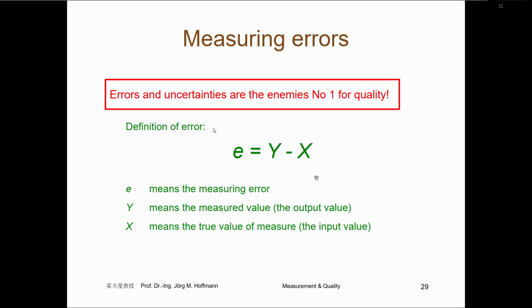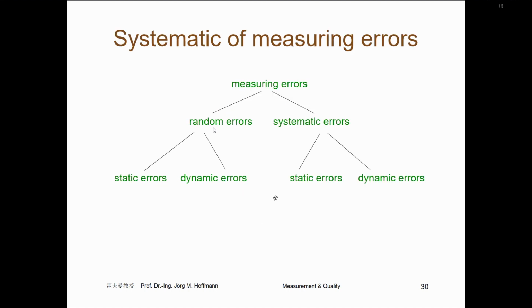Then you get a wrong sign. In the ideal case, the error is 0 when y is x. And y is x will also be, for the calibration of measurement devices, our aim function every time.